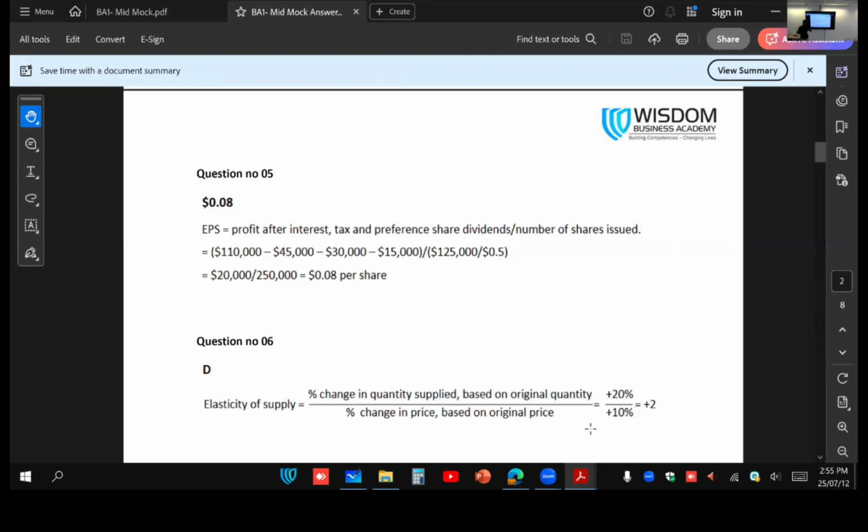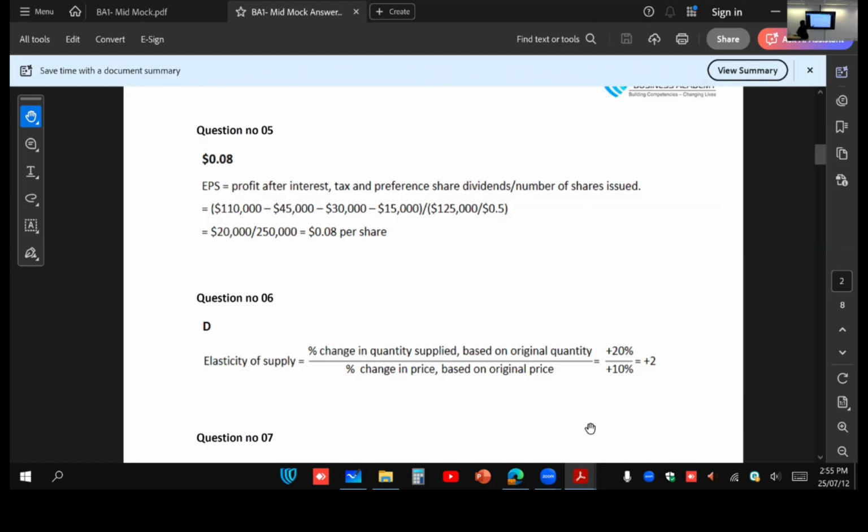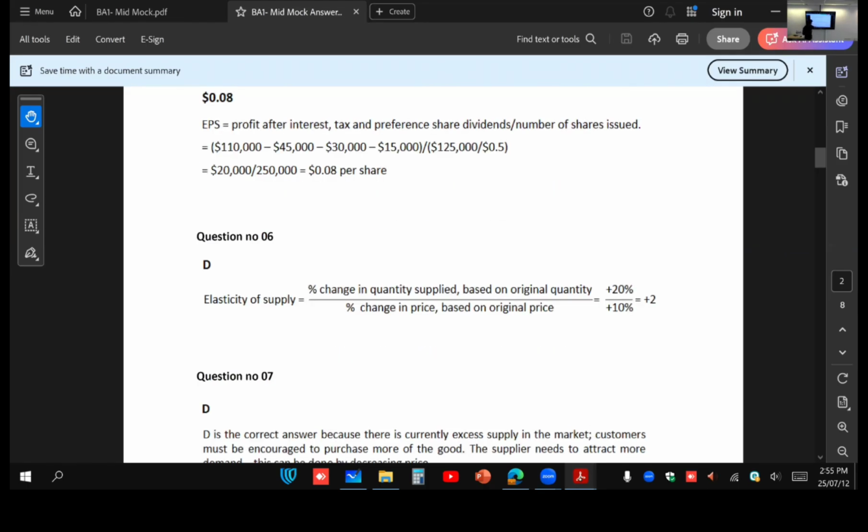Total value of shares is 125,000, and this is how you get the number of shares issued. Clear? This is the point which you should not miss. Everybody got this correct? Remember? Right. This is how you calculate this. Next question. Question number 6.